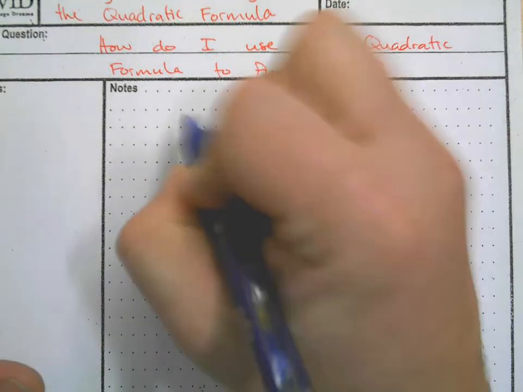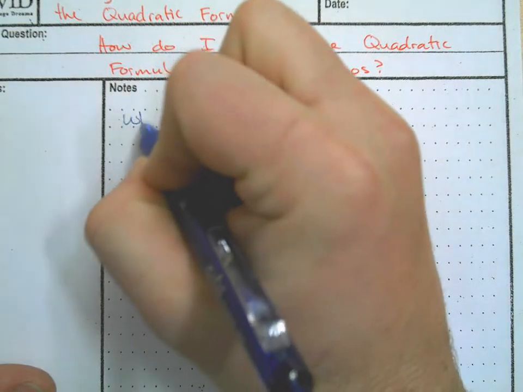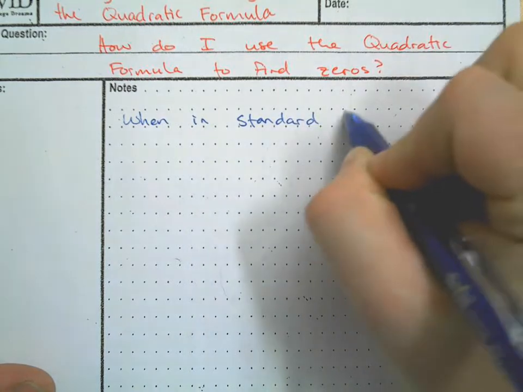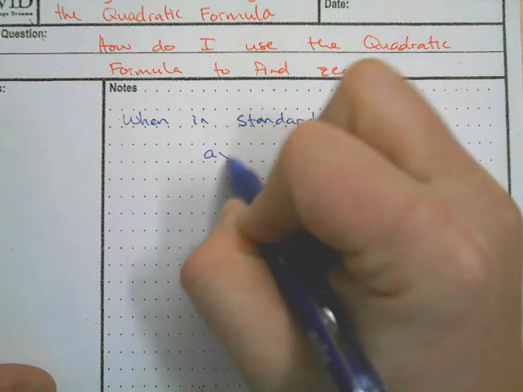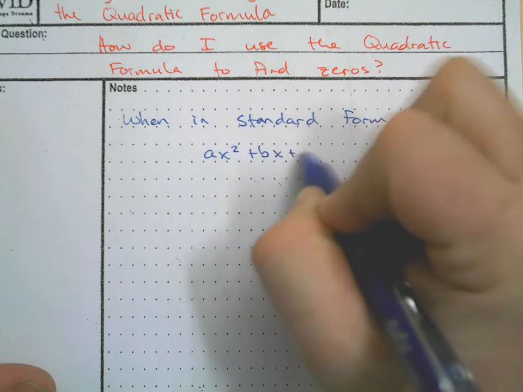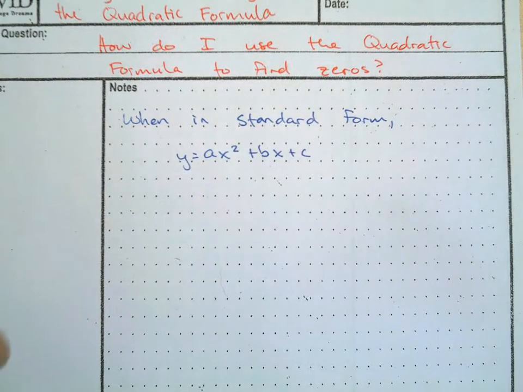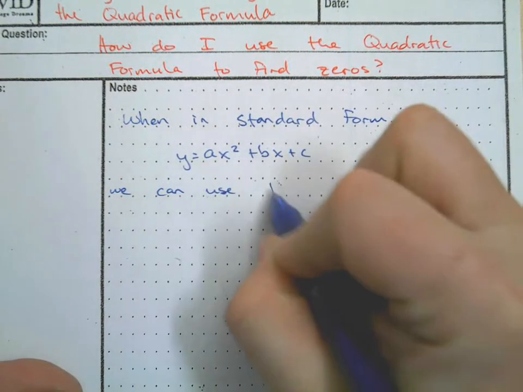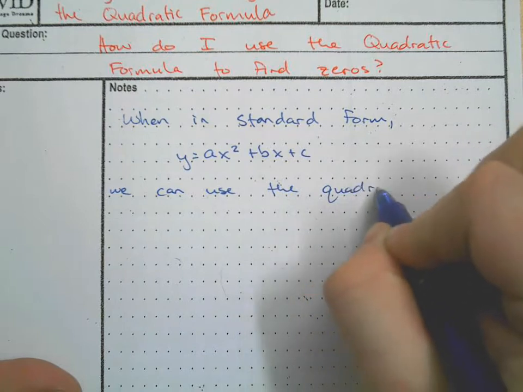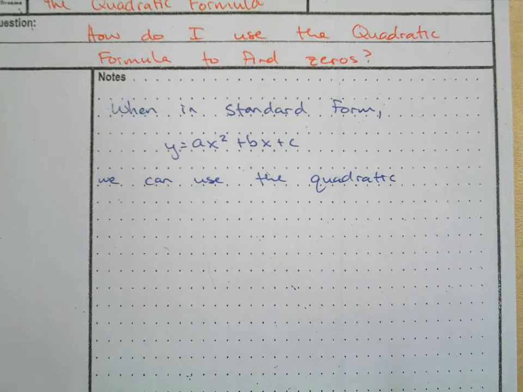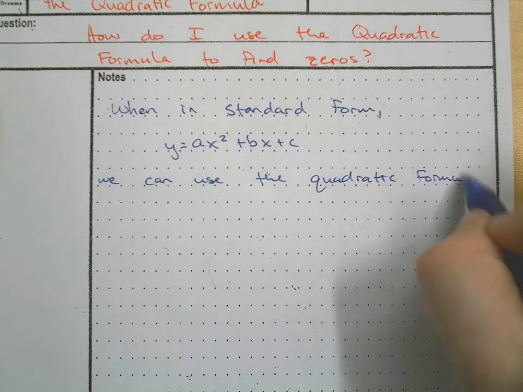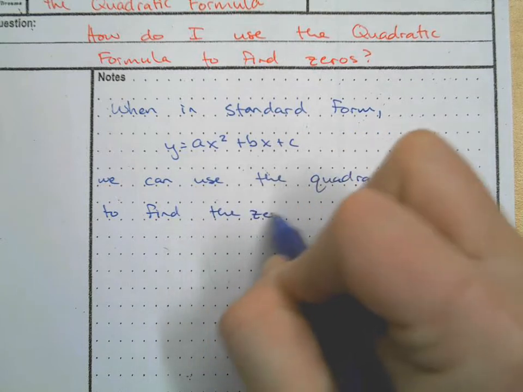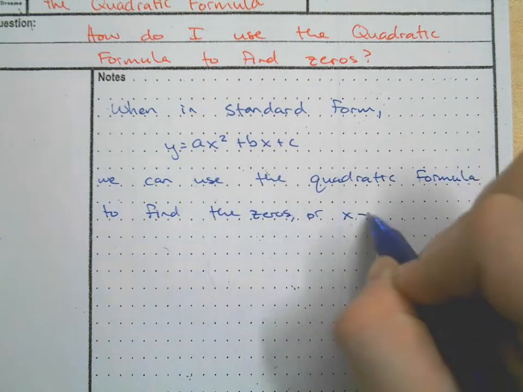So when in standard form, y equals ax squared plus bx plus c, we can use the quadratic formula to find the zeros, or x-intercepts.